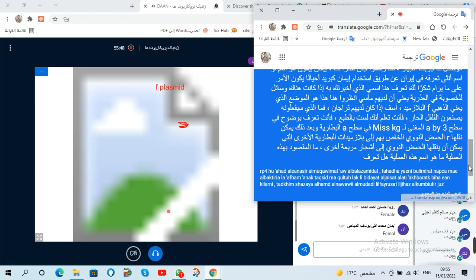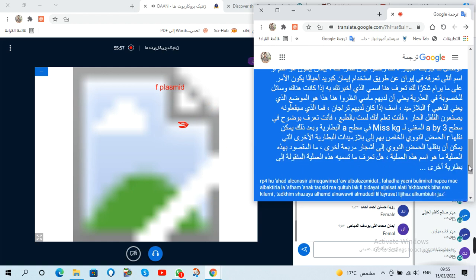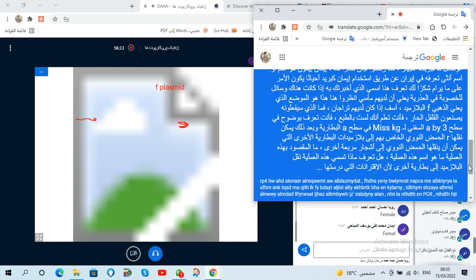What do you call this process, transferring a plasmid to another bacterium? We call it conjugation. Did you study conjugation?